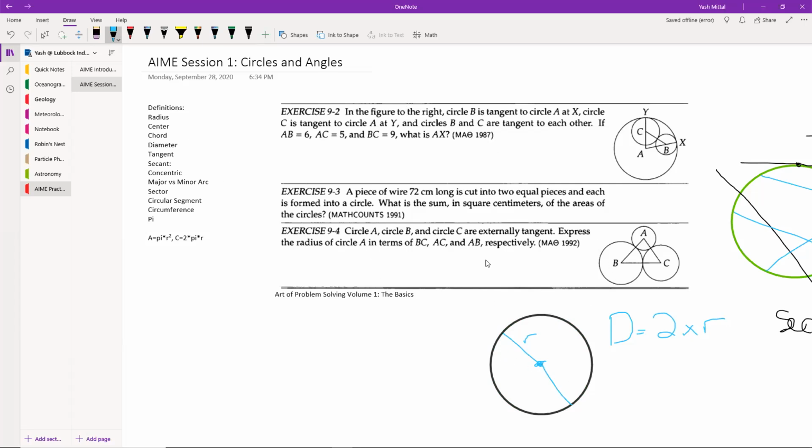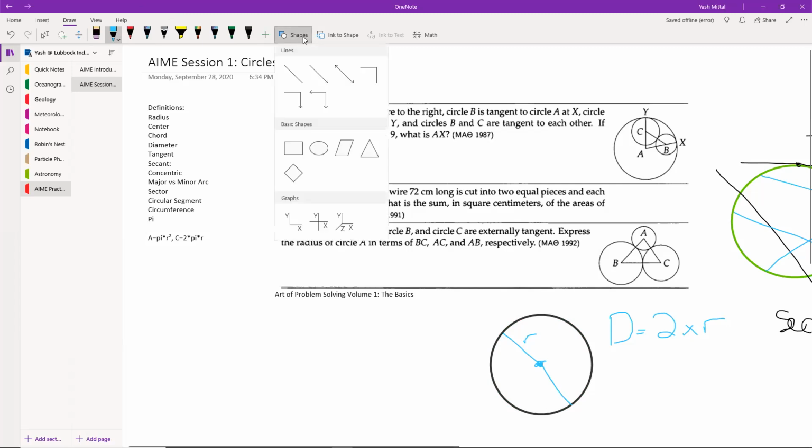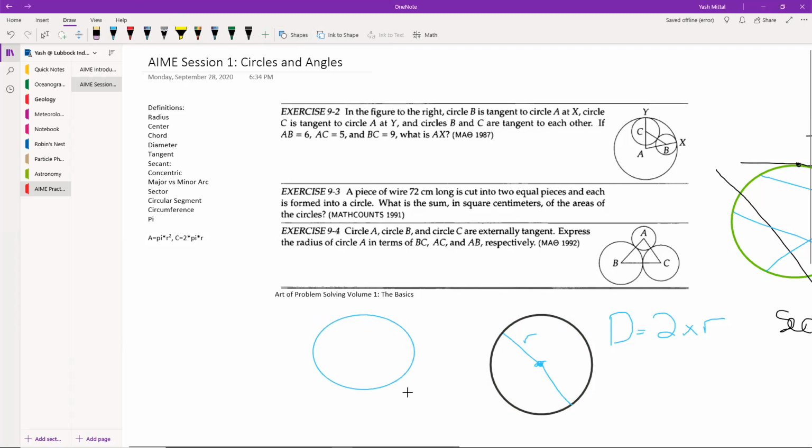But now let's talk about the circle itself. So I'm going to draw another circle really quickly. Let me just go over this.